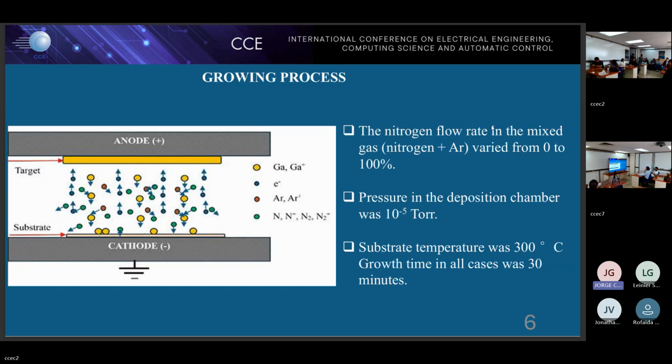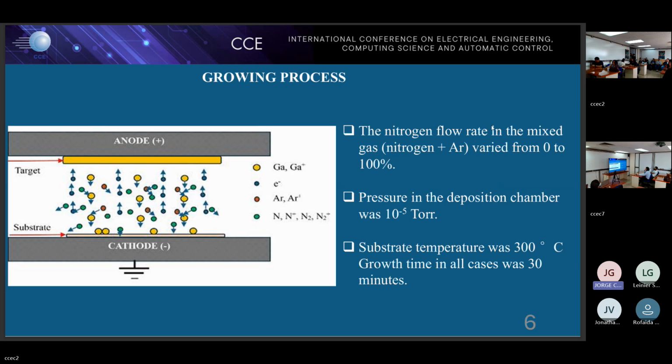In the process of RF sputtering for this material, gallium and nitrogen. Gallium has a high atomic weight, so it is very difficult to deviate from the path.